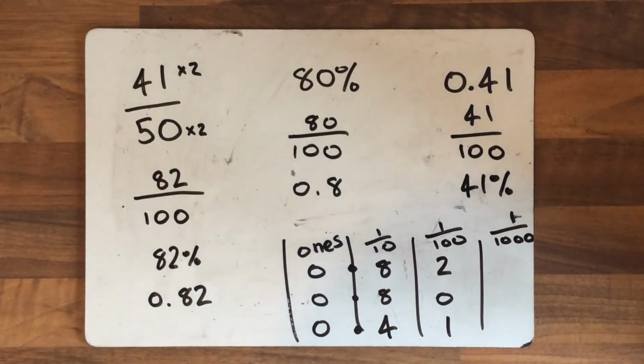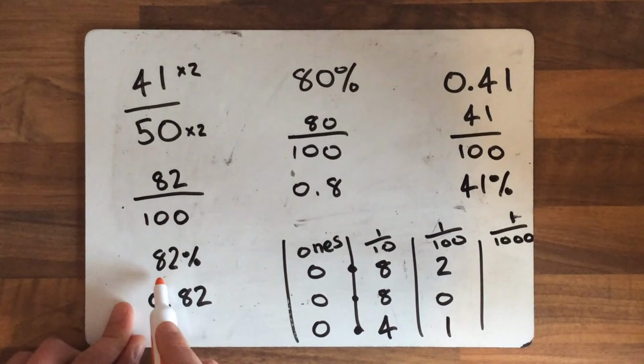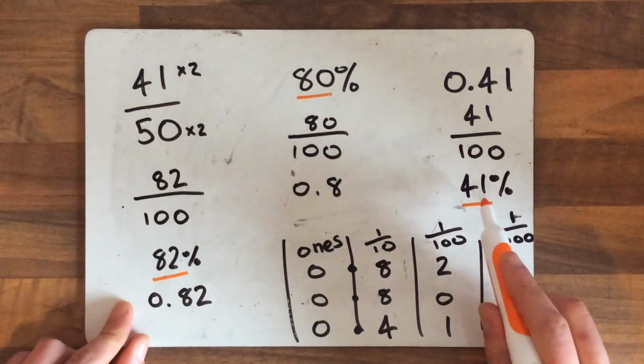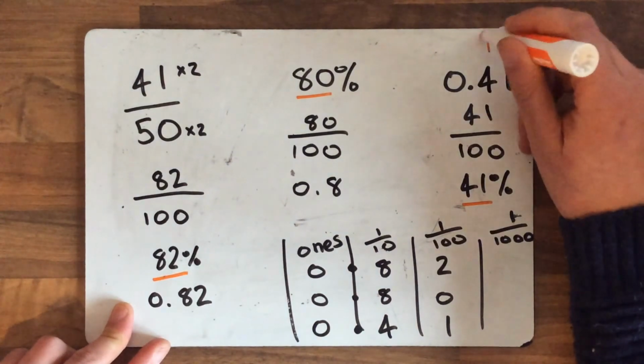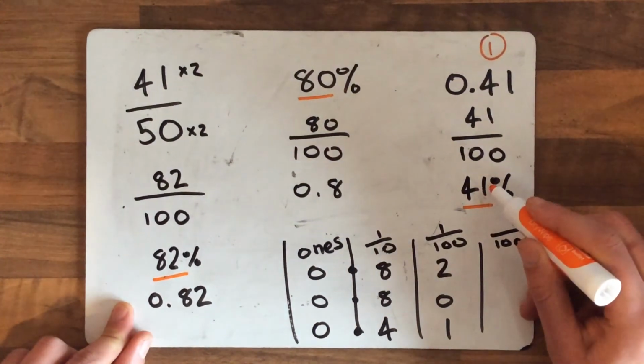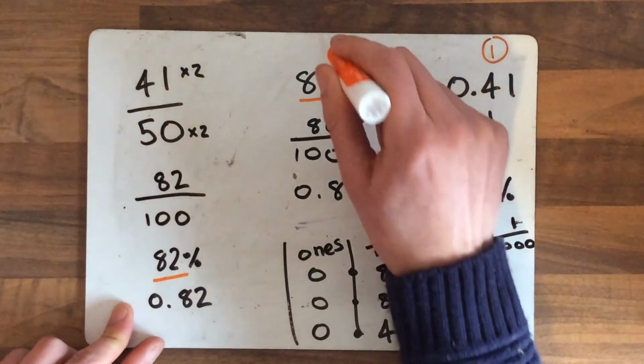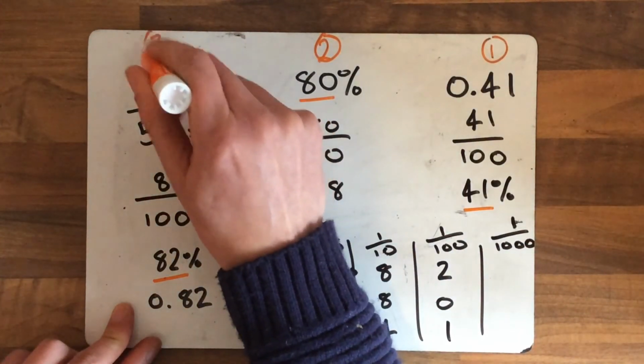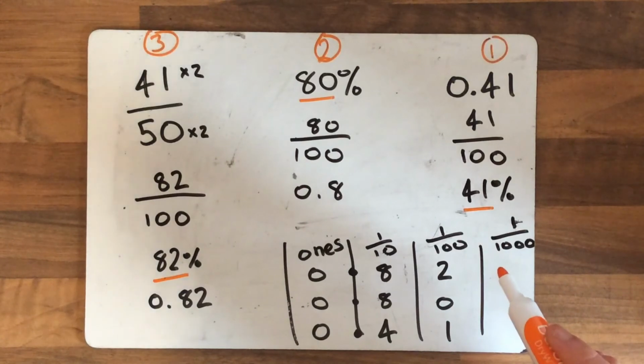And now you can compare across the three. If we were to look at the three percentages, we've got 82%, 80% and 41%. You can see here, this will be the smallest because 41 is smaller than these two numbers. 80 will be the next, and 82 is the largest.